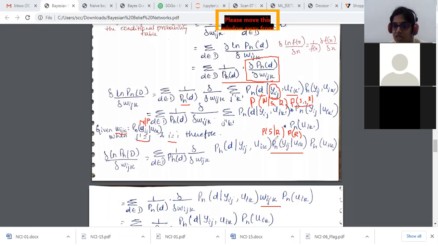Okay. So this value is what I'm tending to have for that particular table. We had the table, right? So this entire table now I'm replacing with Wijk.